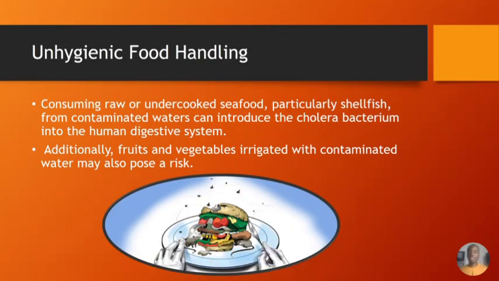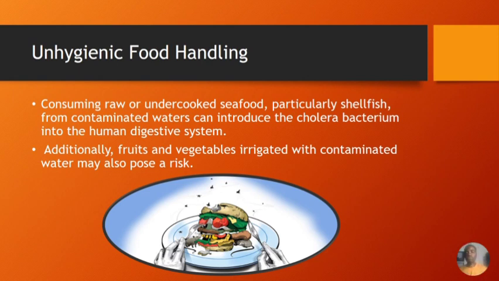Then we have unhygienic food handling. Consuming raw or undercooked seafood, particularly shellfish from contaminated waters, can introduce the cholera bacteria into the human digestive system. That's how it enters the digestive system, by eating food that is uncooked and unsafe.